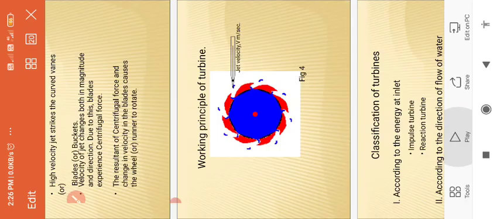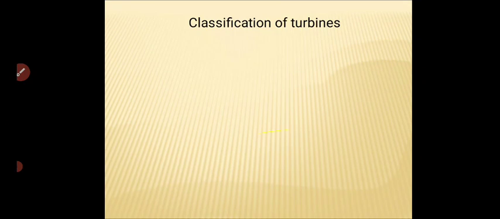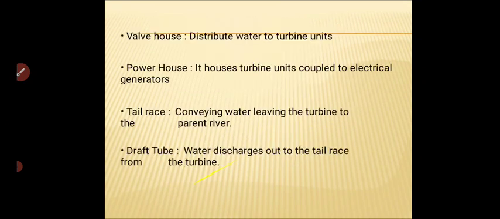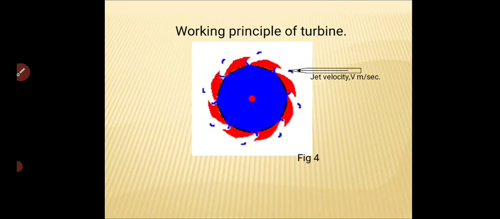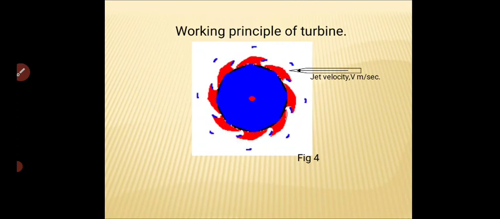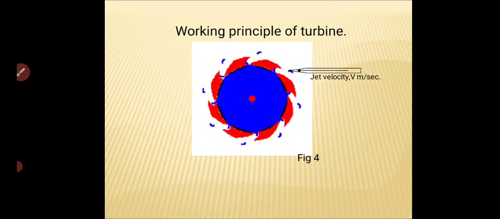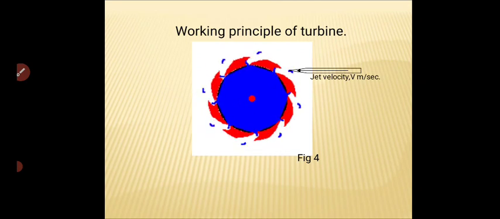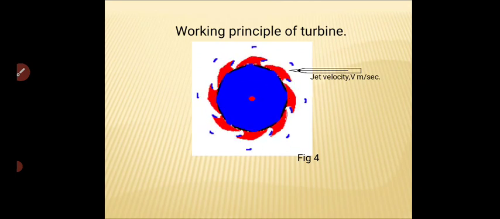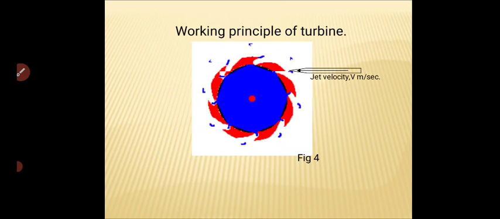Working principle of turbine, observe it here once again. The water from the nozzle strikes the buckets of the runner tangentially to its pitch circle.